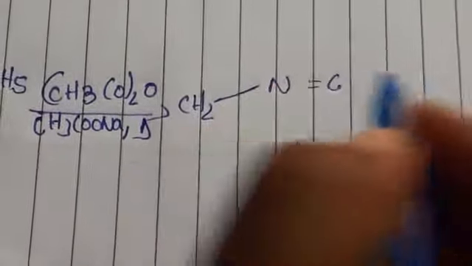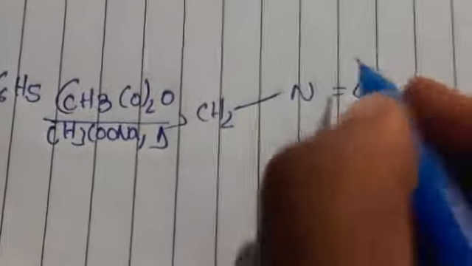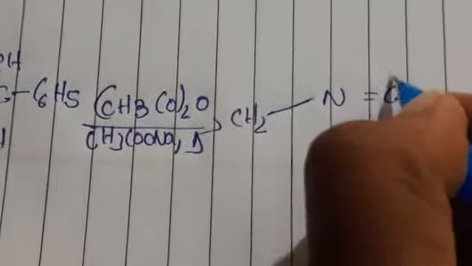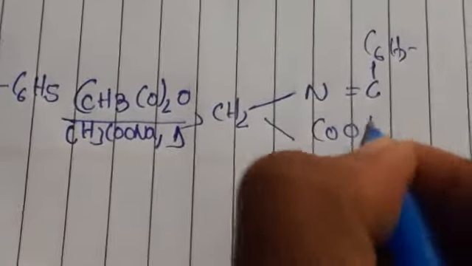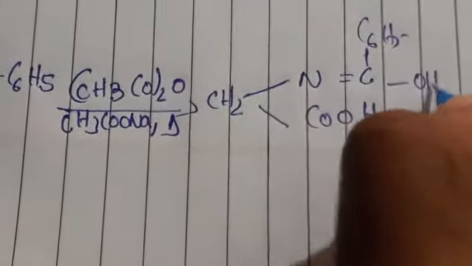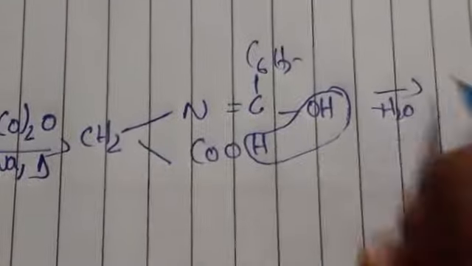So automatically what happens, the position is going to change, cyclization is going to happen here. C6H5 COOH and OH. Here OH, H molecule will be lost, minus H2O is going to be lost.